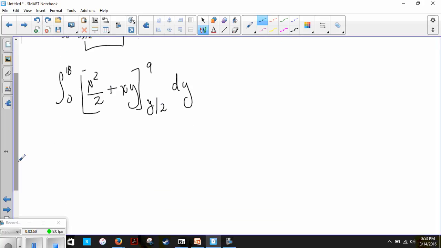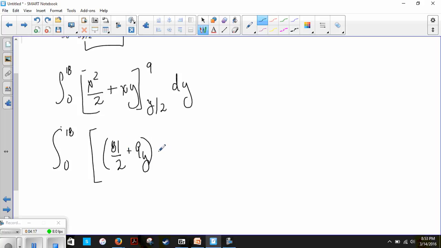Let's move this up. And I'm going to write it like this so that I have a bracket. And I'm going to plug in the 9, so I'll have 81 over 2 plus 9y minus, let's see, y squared over 4 over a 2.